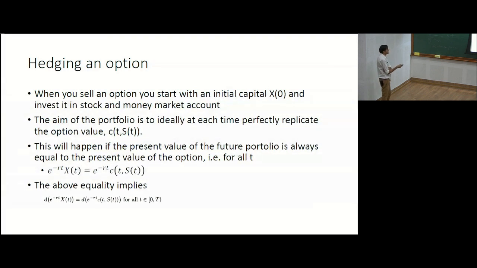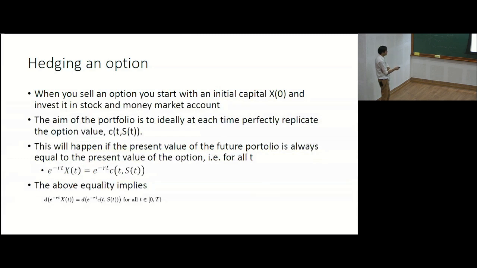It starts with X0, and then you put some in the stocks and some in cash. The aim of this portfolio is to replicate, at each point, whatever this C value would be, right? And this will happen only if the change in the portfolio value is equal to the change in the option value, right?